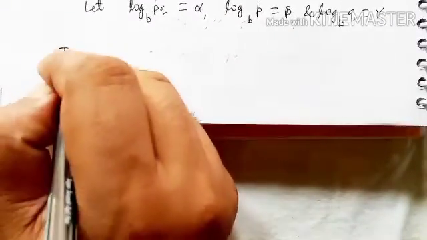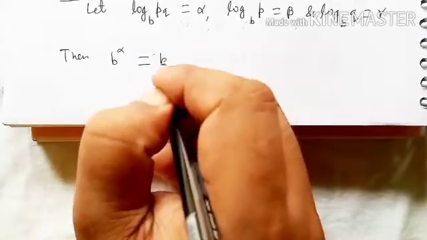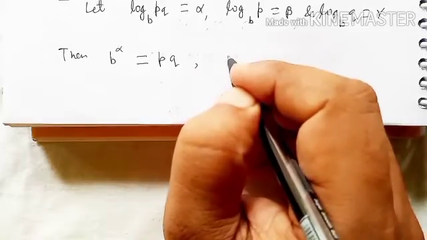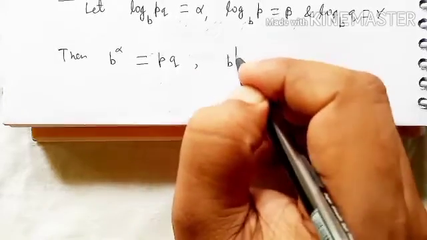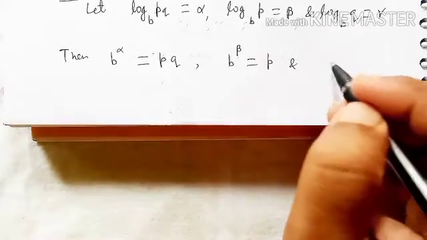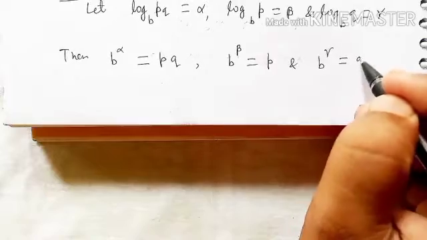Then b to the power alpha is equal to pq, b to the power beta is equal to p, and b to the power gamma is equal to q.